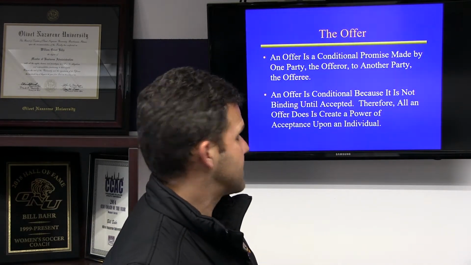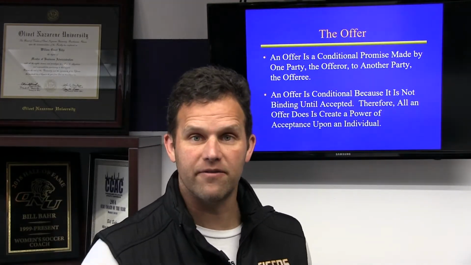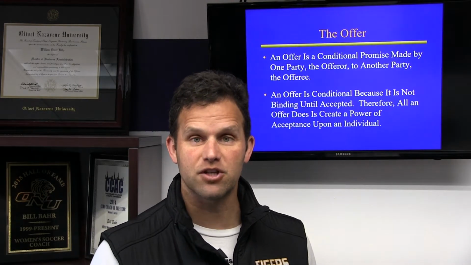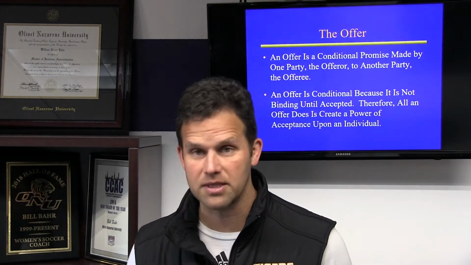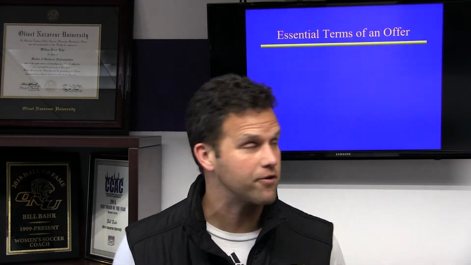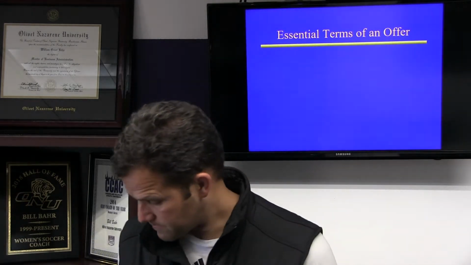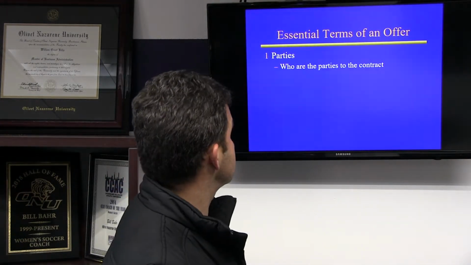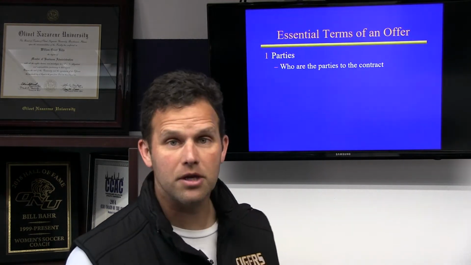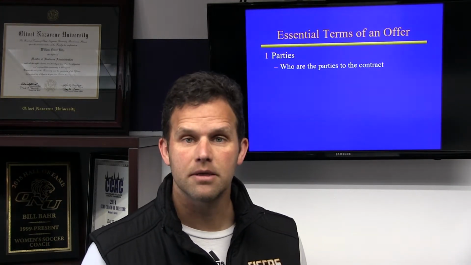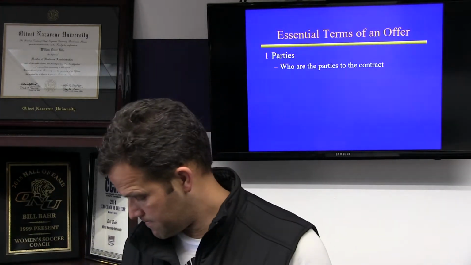But once an offer is given, there's usually a provision given to the person to accept the offer. The second portion is who are the parties to the contract? Who's involved?